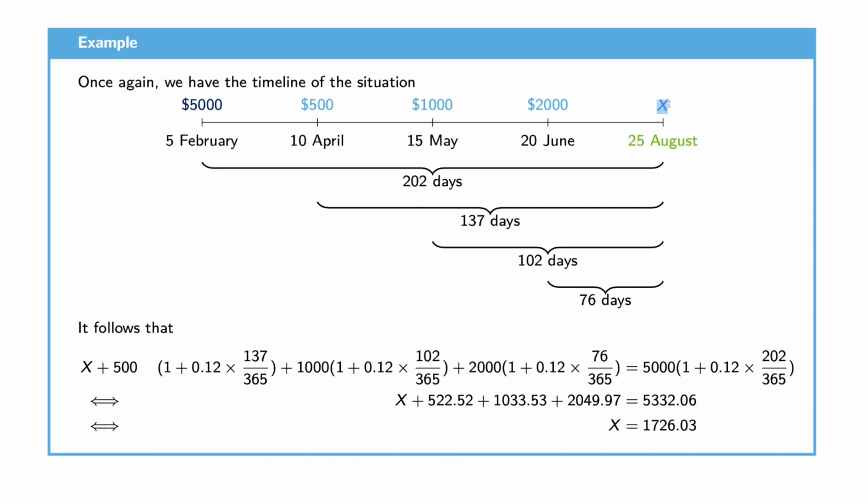So it's important to make sure that you express everything in terms of the focal date, especially for simple interest calculations. That might not be necessary, and we'll find out later on that the value of the missing payment doesn't necessarily have as much dependency on the focal date when we're dealing with compound interest.